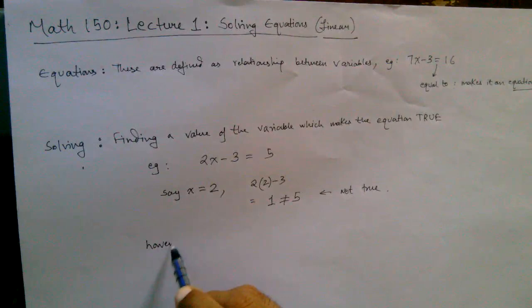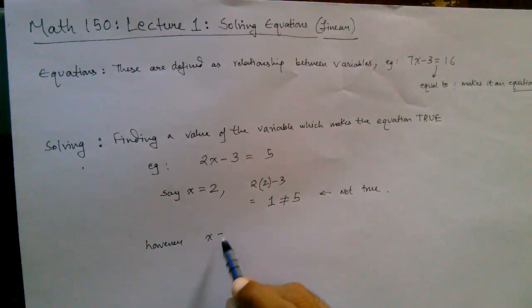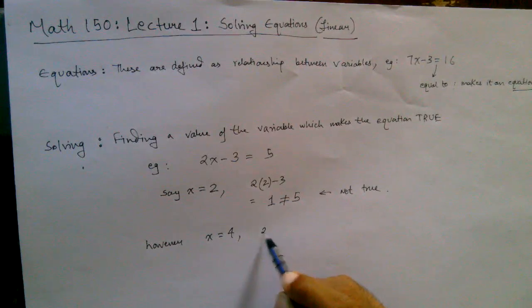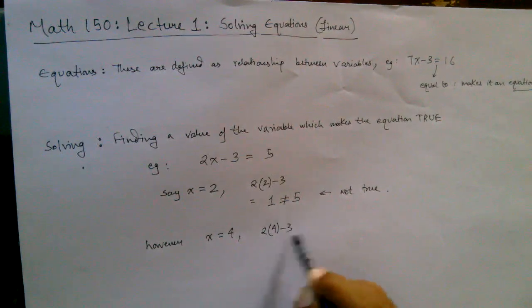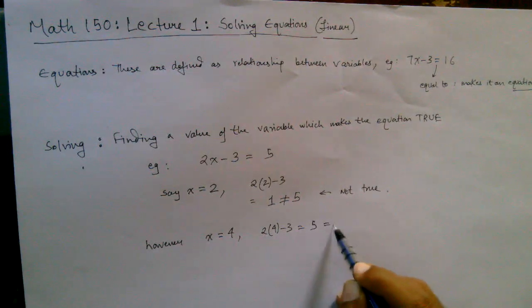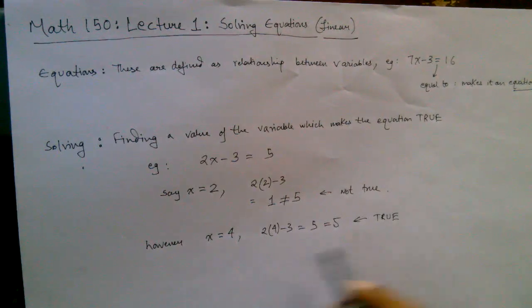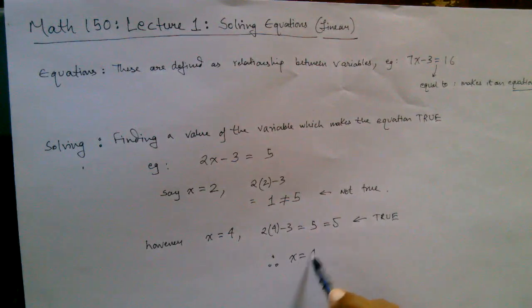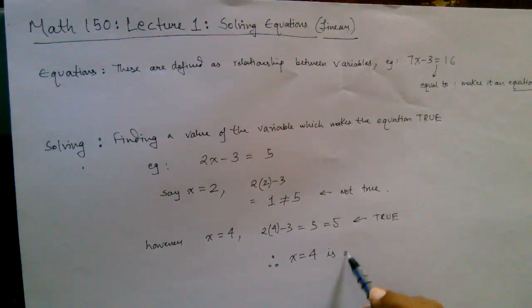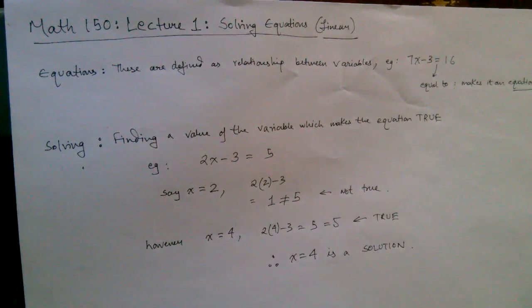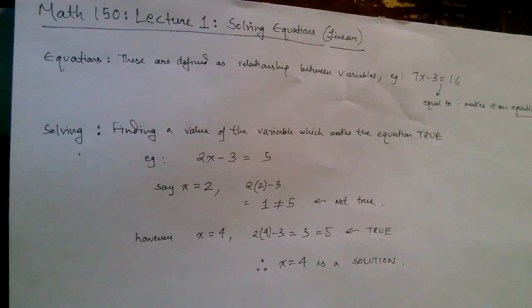However, if I say x equals 4, then I get 2 times 4 minus 3, which is 5, which is equal to 5, which is true. Therefore, I can say that x equals 4 is a solution.